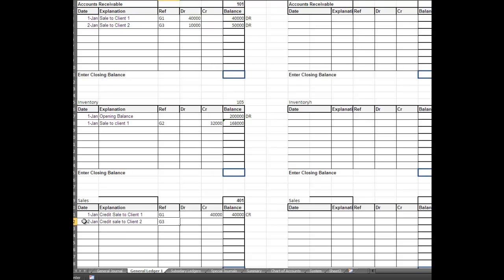This is G3. It is $10,000. So that becomes 50,000 credit.